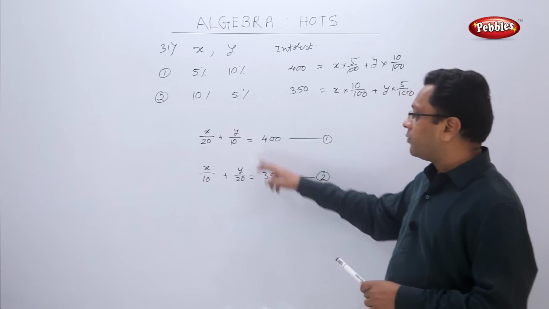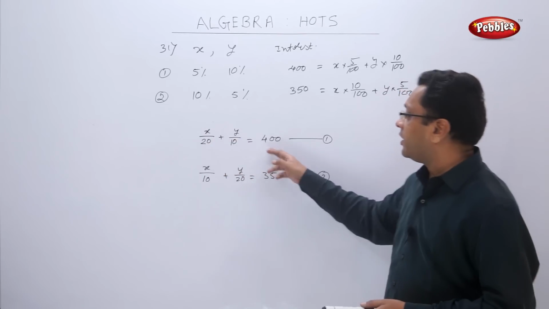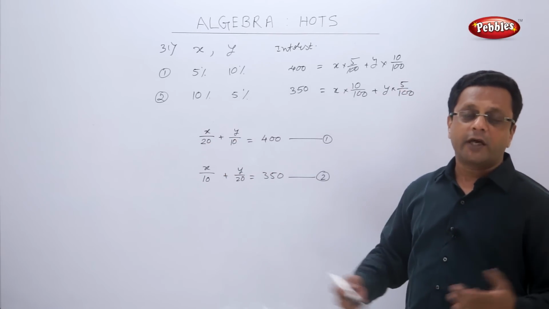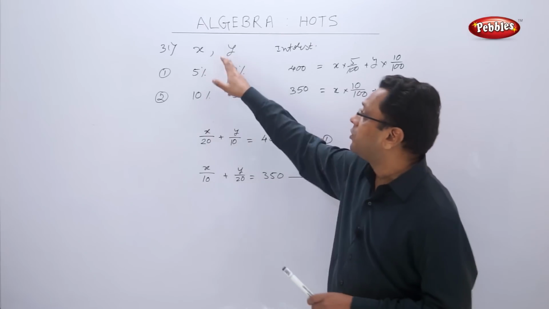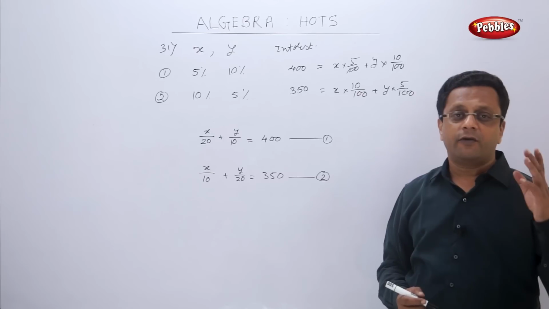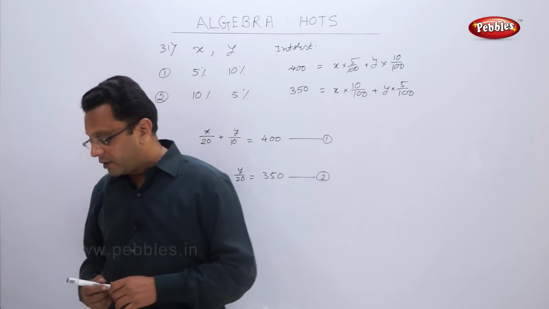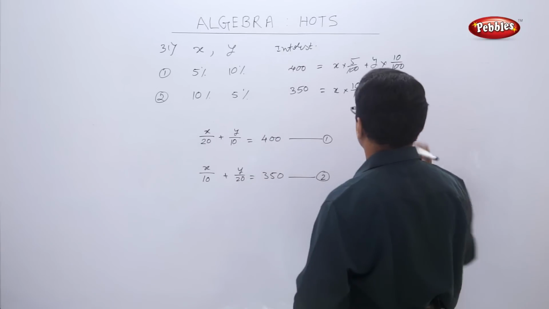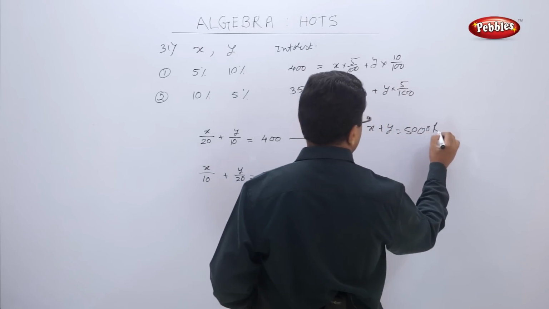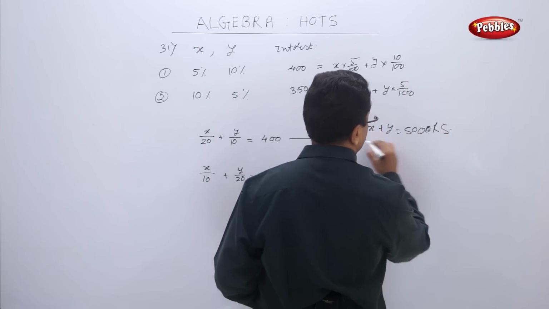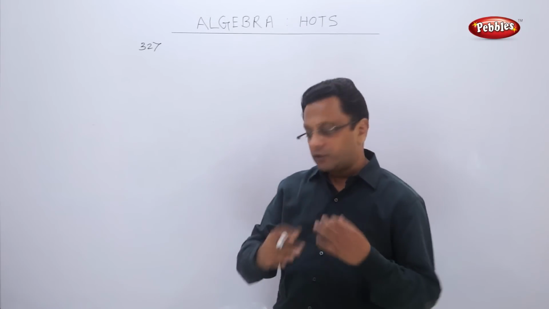So when solving these two equations, first try to eliminate the 20 and 10, and then you can find the value of x plus y. Don't find the individual values; directly find x plus y. Here the answer is x plus y is equal to 5,000 rupees. This is the answer.